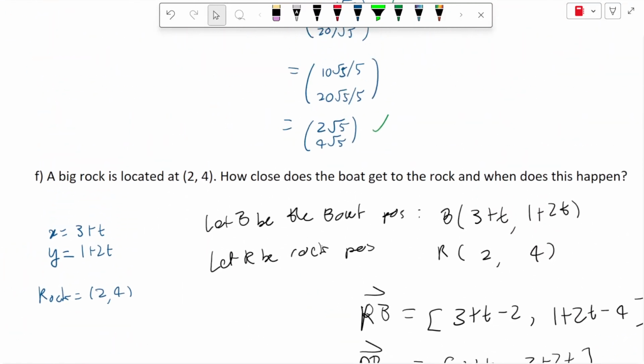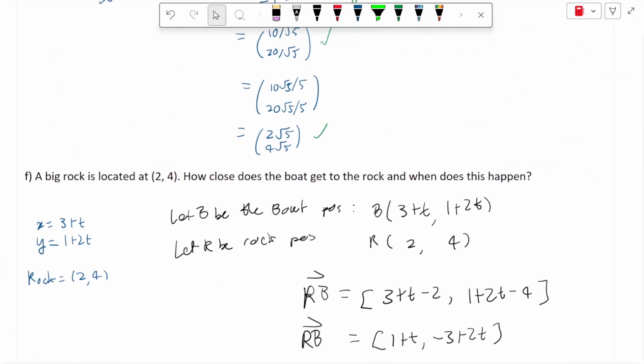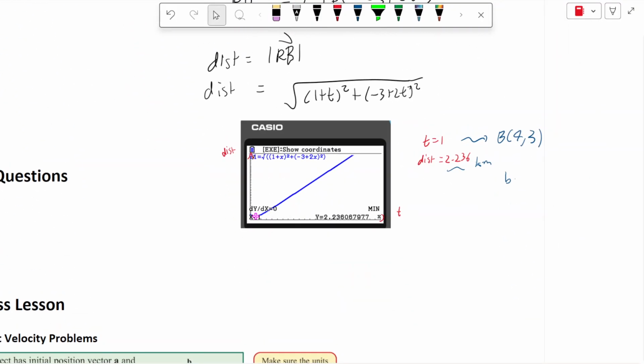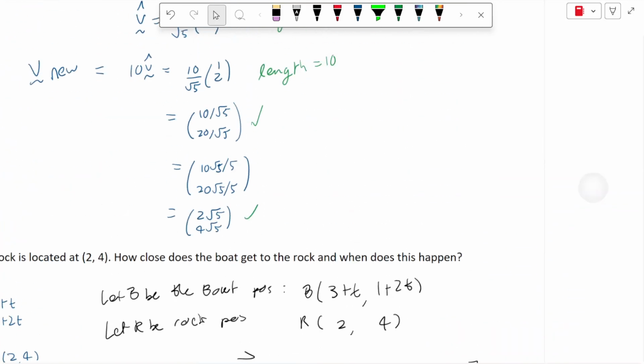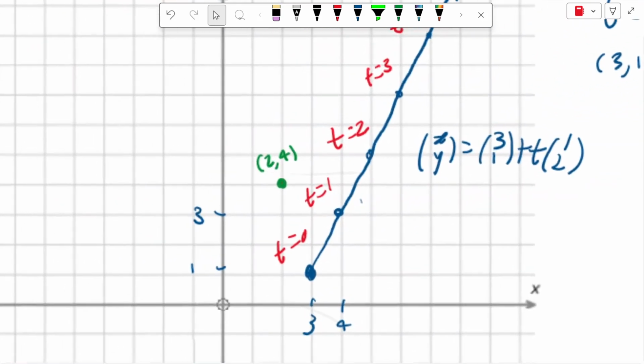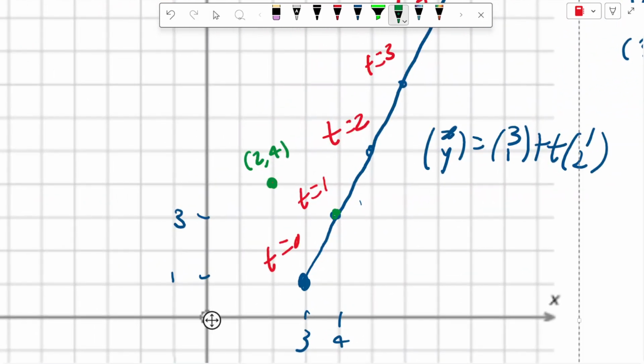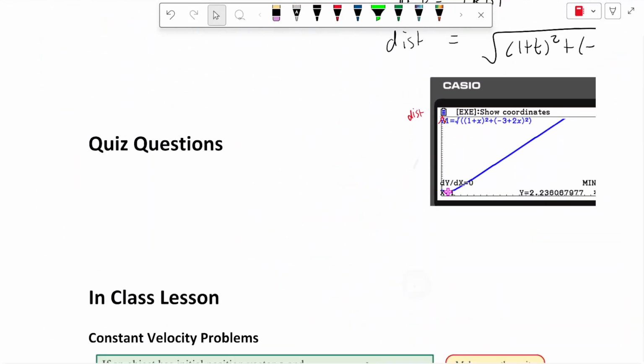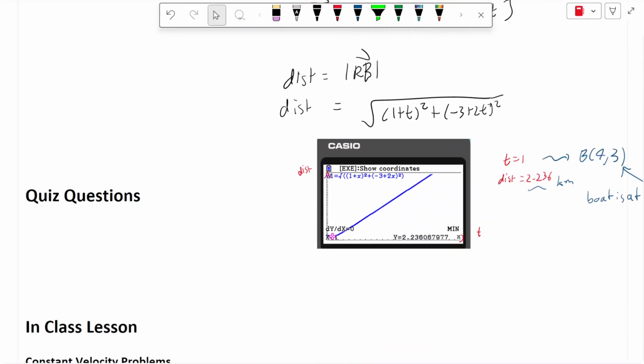So that's how we answer that last question. How close does the boat get to the rock? It gets 2.236 kilometers away when the boat is at 4, 3, because that's the value for t equals 1. And you can actually see that this point here would be the closest point. That's an example of quite a tricky question you can get with these constant velocity problems, but just watch out for those curveball style questions.